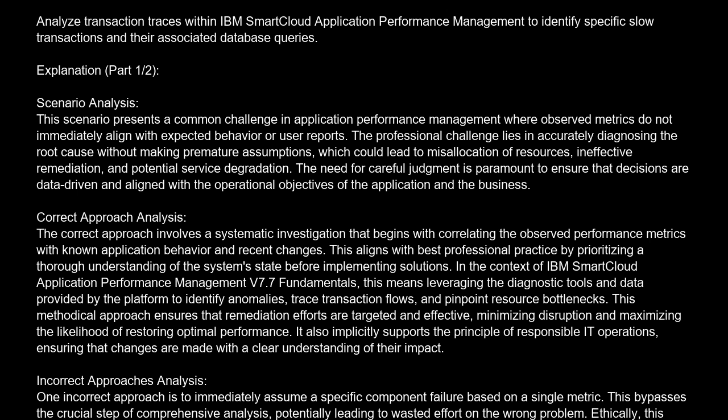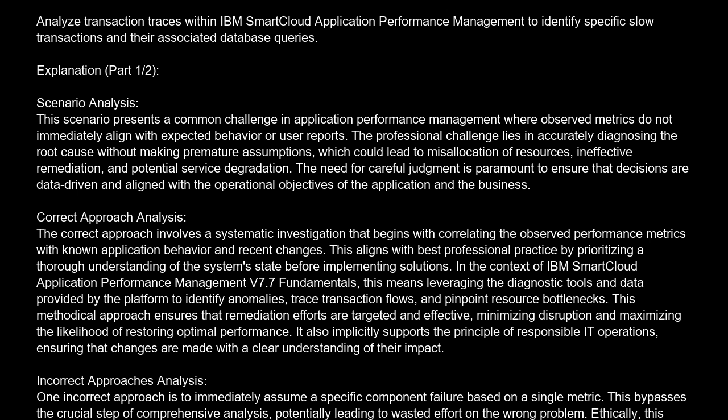Correct approach analysis. The correct approach involves a systematic investigation that begins with correlating the observed performance metrics with known application behavior and recent changes. This aligns with best professional practice by prioritizing a thorough understanding of the system state before implementing solutions. In the context of IBM SmartCloud Application Performance Management V7 fundamentals, this means leveraging the diagnostic tools and data provided by the platform to identify anomalies, trace transaction flows, and pinpoint resource bottlenecks.